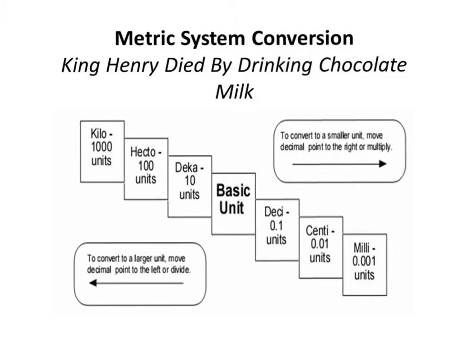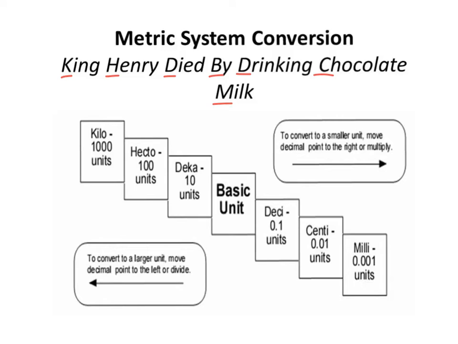Here's one, just kind of a nonsensical phrase: King Henry died by drinking chocolate milk. Okay, it's a nonsensical phrase. It's easy to remember, and it's going to help you remember the different prefixes in the metric system.